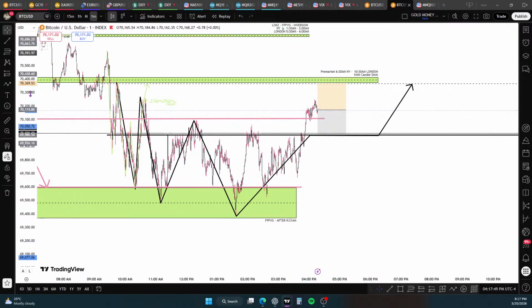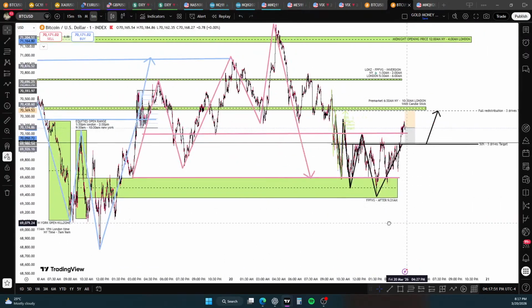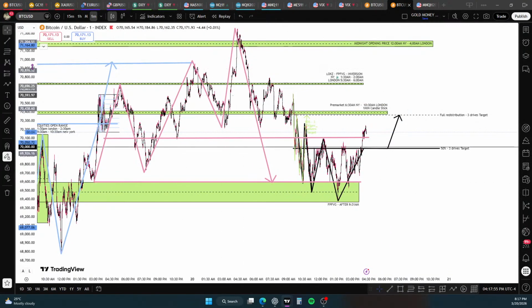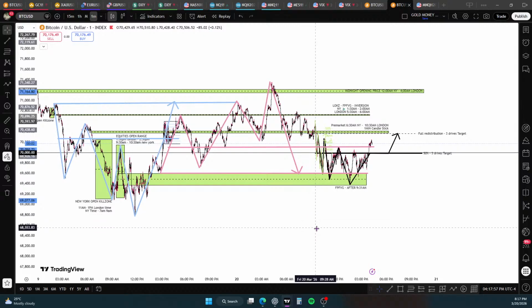But if I was to take a small trade off this, then maybe I would just be more patient and I wouldn't rush into the market straight away, and I would maybe wait for some kind of sweep on this, because over time this three drives pattern is still going to play out.